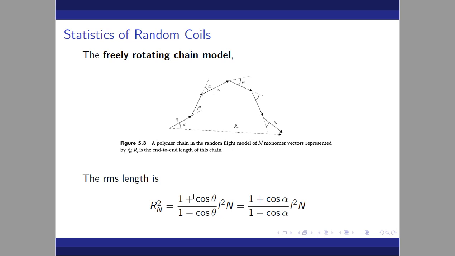Okay, so in our textbook it is 1 plus cos theta over 1 minus cos theta times L squared n, or in this case 1 plus cos alpha over 1 minus cos alpha times L squared n. Okay, so we can calculate the end-to-end length using this equation.